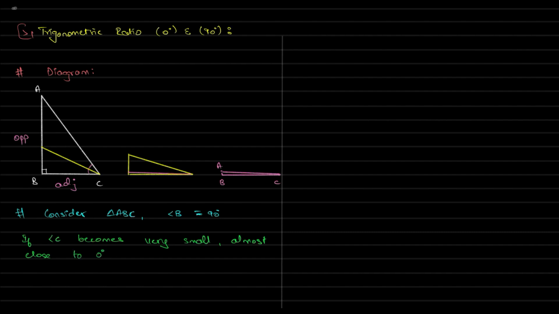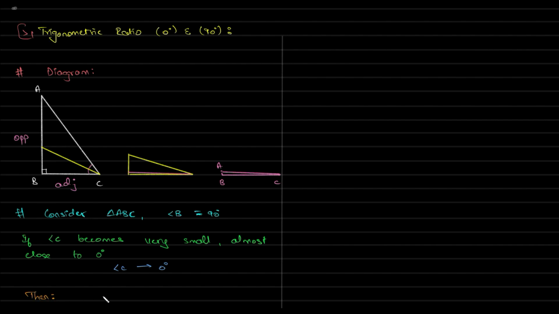So mathematically, this is written as angle C tending towards 0 degree. Okay. So it's not at 0, it's tending towards becoming 0. If it becomes 0, then you won't have a triangle, right? So the idea of tending towards 0 makes it a lot easier to imagine.